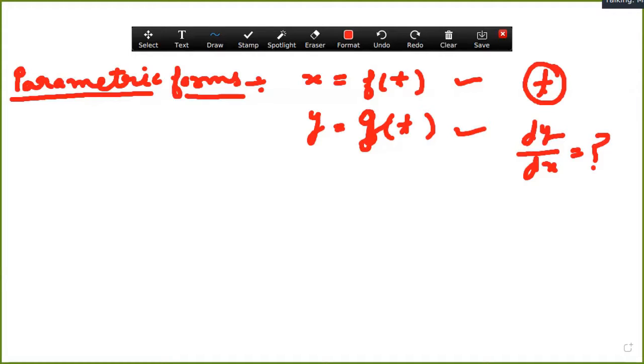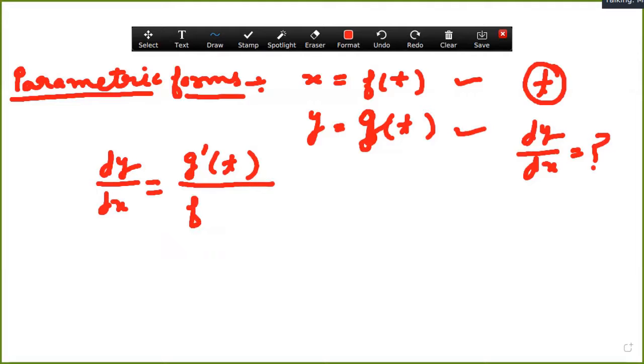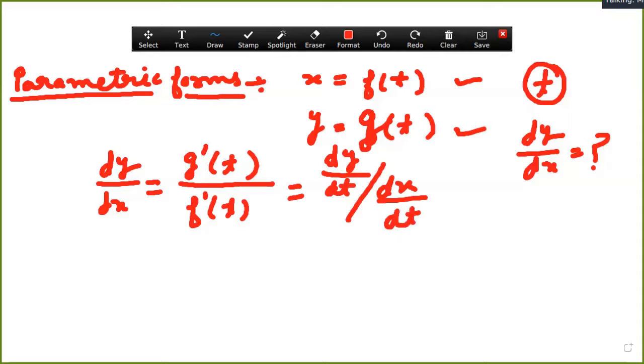Then you have to apply the formula, as it is written in your NCERT: dy upon dx equals g dash t upon f dash t. What is the meaning of this? It means dy upon dt upon dx upon dt gives you dy upon dx.